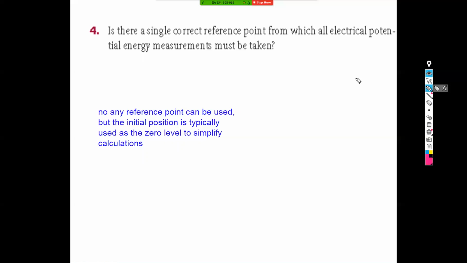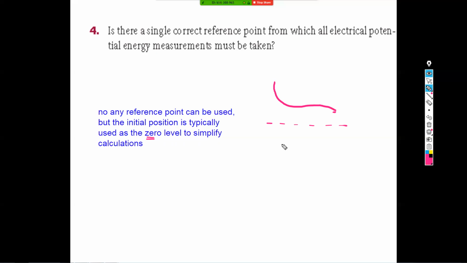Talking about our reference points again, we just make it easier. We just use the zero level to make things easier. So if we're dealing with just like our roller coaster, even though the ground might be down here, my lowest point would be here. I use that as my reference point of zero. The same thing is true when we use batteries and we talk about electrical systems.